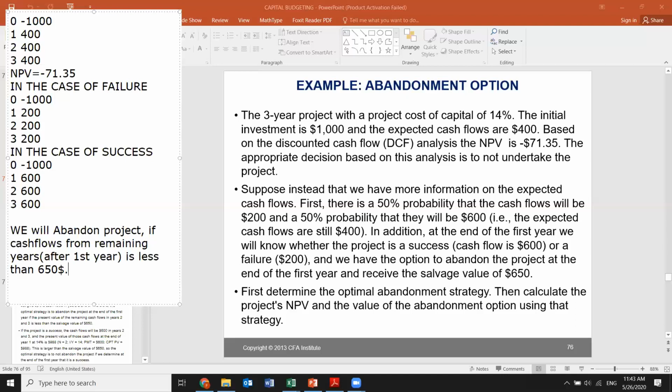So this is the condition. We will abandon the project if the cash flow from the remaining years is less than 650. So we'll calculate the cash flow from the remaining years, like from the second and the third year. If it's less than $650, then we will reject the project. If it's more, we will proceed with the project. Okay, this is how we should make a decision regarding a project with a negative NPV.